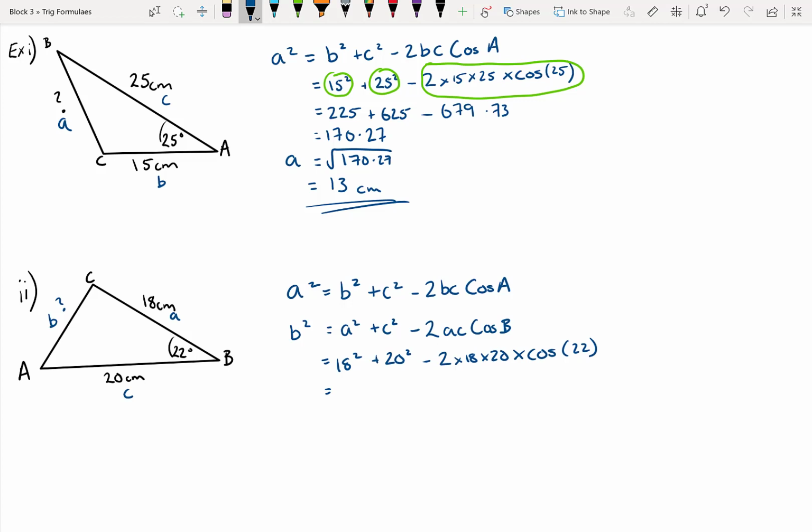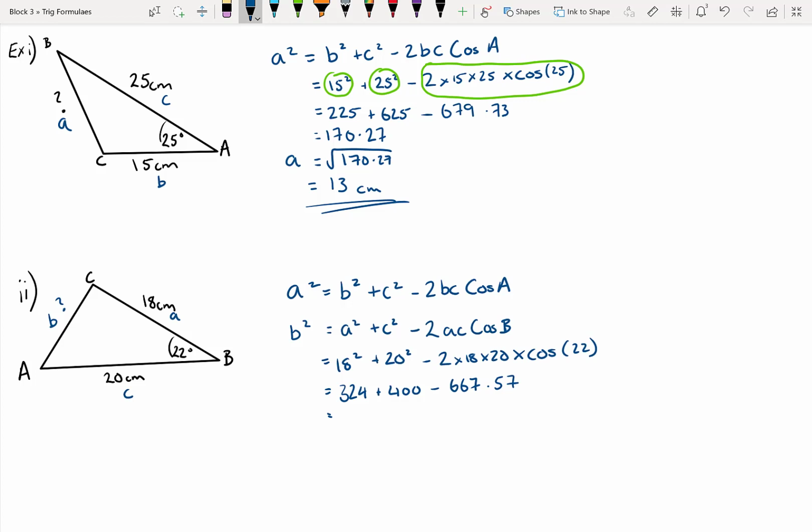So as we're working through these, we've got 18 squared. So 18 squared is going to give me 324 plus 20 squared is going to give me 400 minus, and then we're going to do 2 times 18 times 20 times the cosine of 22, which is 667.57.